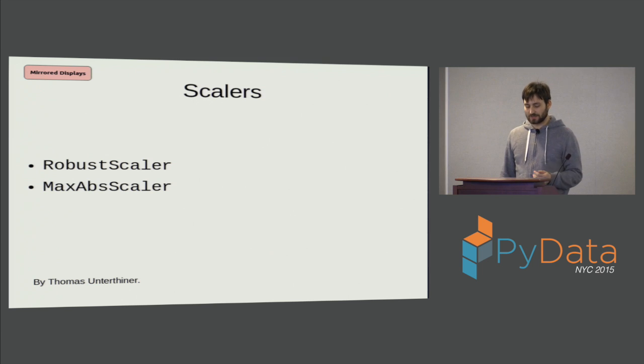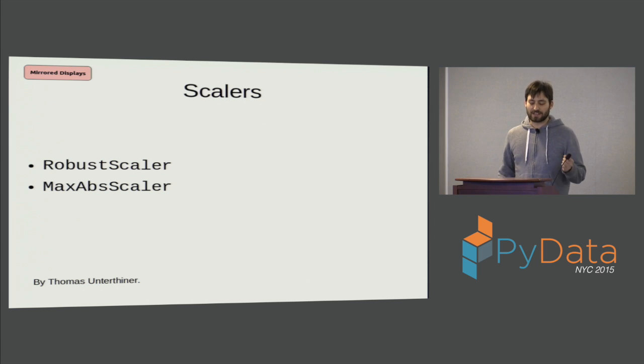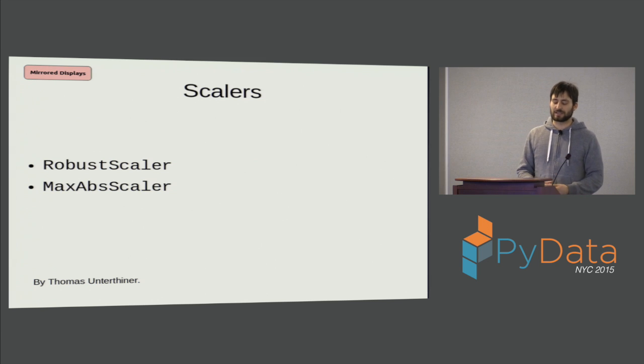That sounds kind of odd, but the important thing is that we wanted to have some scaling for sparse data. It's very weird to scale sparse data because you want the 0 to be at the same spot, but you want to limit the range of the data. So this max abs scaler is actually what you want to use if you want to scale sparse data and you want to keep the 0 in the same place.